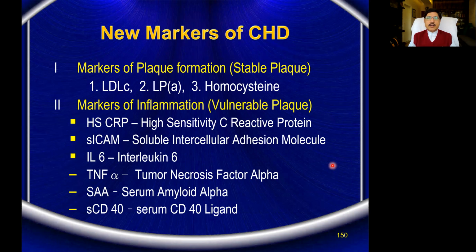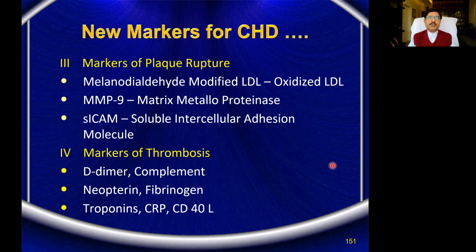So what are the new markers? Plaque formation: LDL-C, Lp(a), homocysteine, stable plaque. Markers of inflammation, vulnerable plaque: hs-CRP, adhesion molecules, interleukin 6, tumor necrosis factor alpha, serum amyloid alpha, and serum CD40 ligand. These are the markers of vulnerability or inflammation of the plaque.